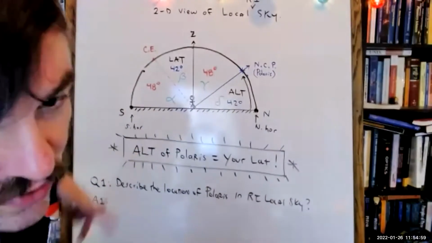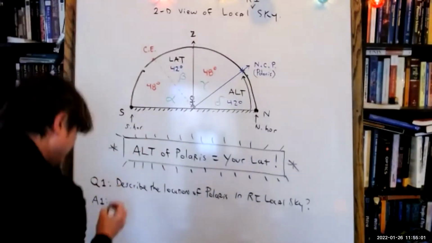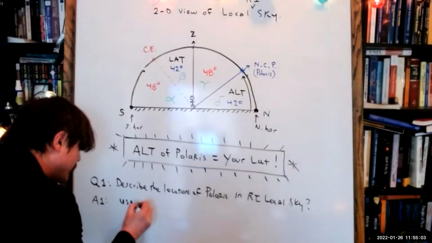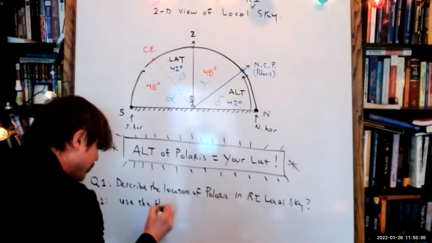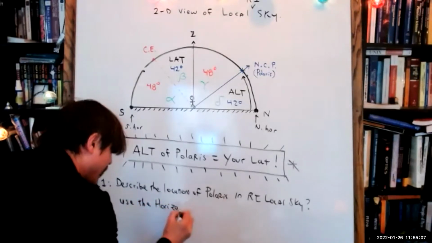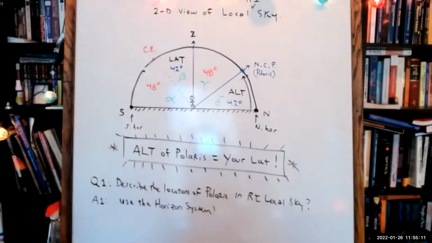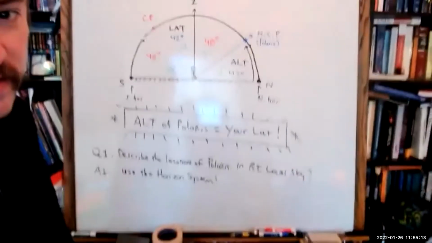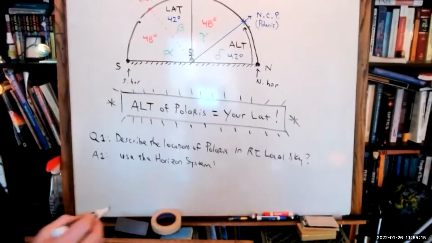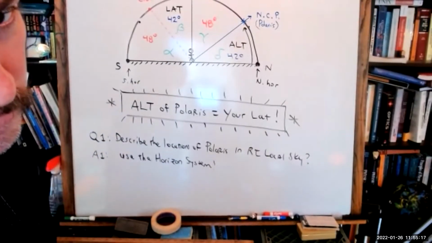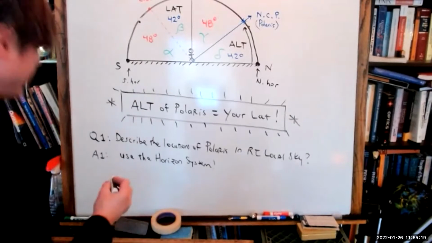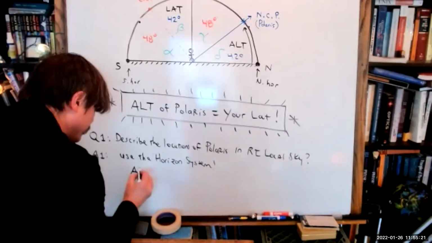We are going to use the horizon system to answer this question. And what two angles do we use in the horizon system? Altitude and azimuth? That's how we answer this question.